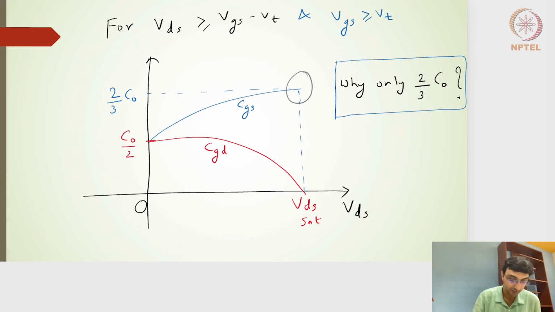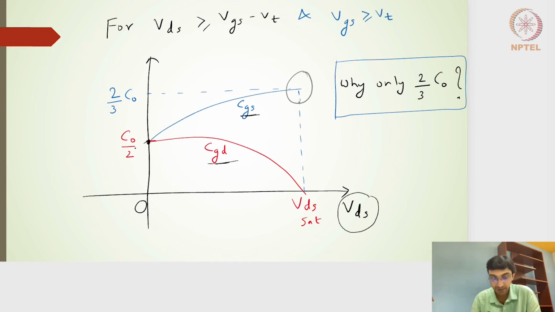In this particular graph, we have capacitances on the y-axis and on the x-axis we have the VDS value. We are assuming that the channel and the inversion region have been formed, and now if I keep on increasing the VDS value starting from 0, what will happen? Once the channel is formed, we know that the CGS value and the CGD value are C naught by 2.